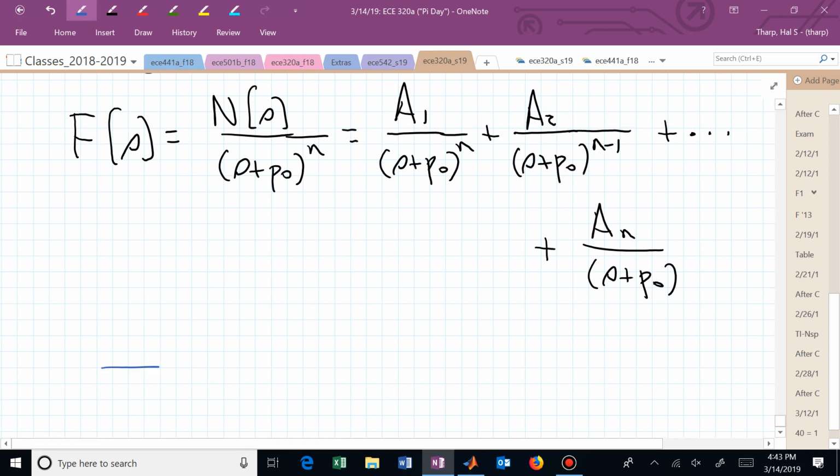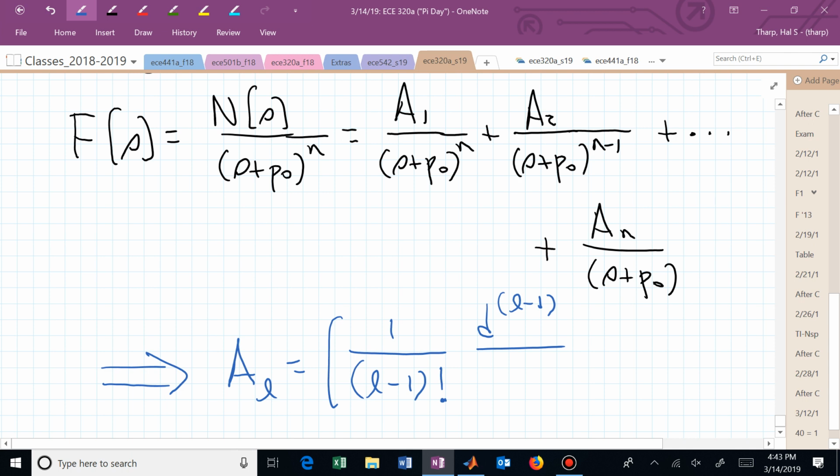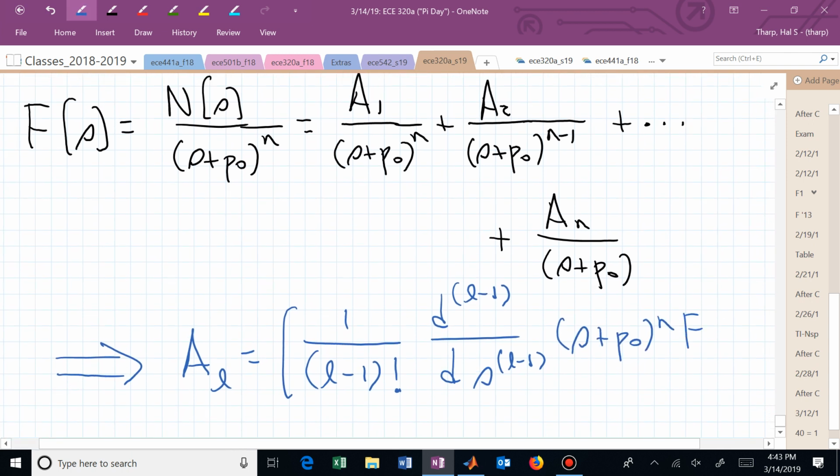Using that formula, I would find that each of these partial fraction expansion coefficients, a sub l, is equal to the following: 1 over l minus 1 factorial, because I'm repeating this so many times, times d to the l minus 1 over ds to the l minus 1 of s plus p sub 0 to the n, f of s.